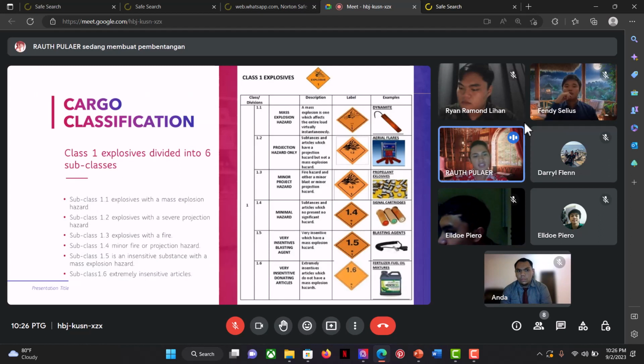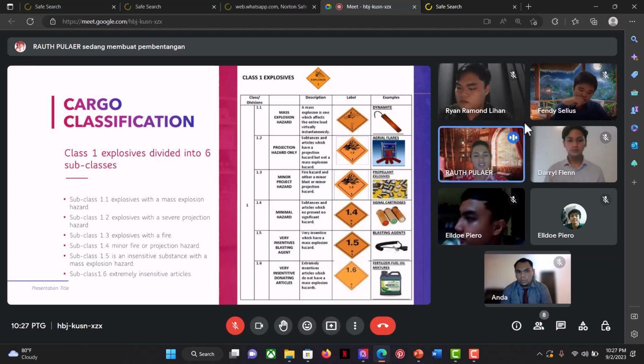Subclass 1.5 is an insensitive substance with a mass explosion hazard. This explosive substance has quite a large mass when it explodes and can be lethal. Any explosion can be lethal, but this kind is especially lethal to humans.